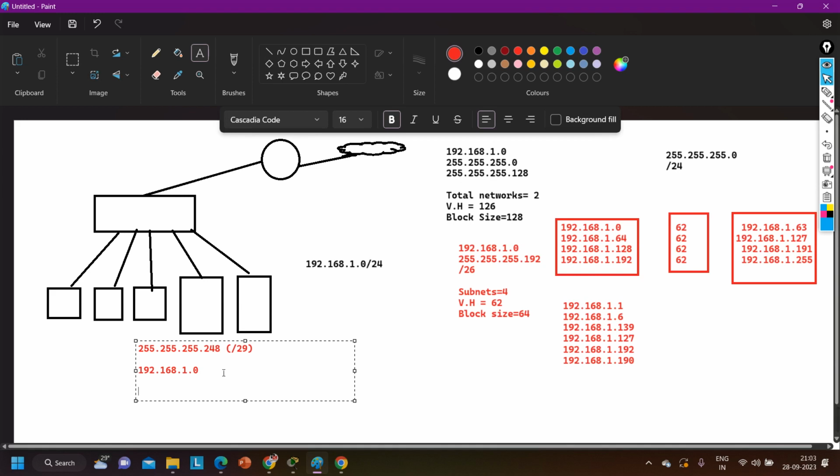Here we are defining the network bits according to our requirement. If I need, let's say, 10 networks or 8 networks, according to that we put the network bits. By default it is 24 for class C.